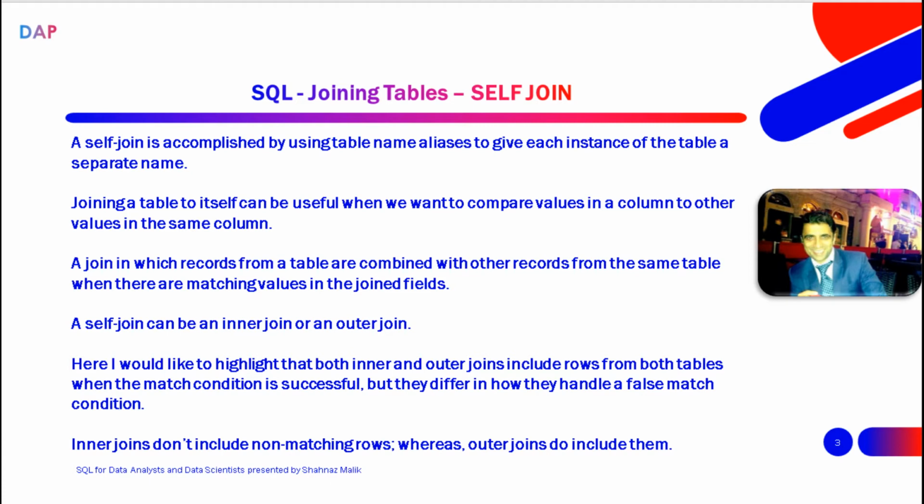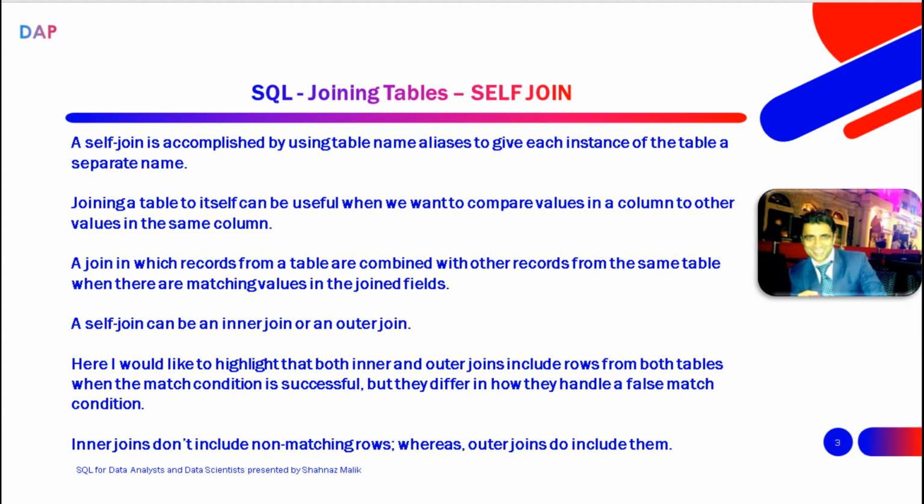So a self join is a join in which records from a table are combined with other records from the same table when there are matching values in the joined fields. A self join can be an inner join or an outer join, and here I would like to highlight that both inner and outer joins include rows from both tables when the match condition is successful.